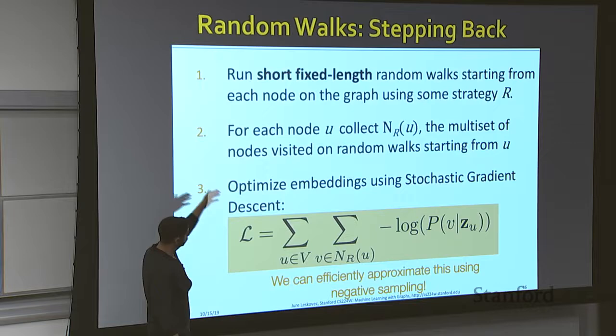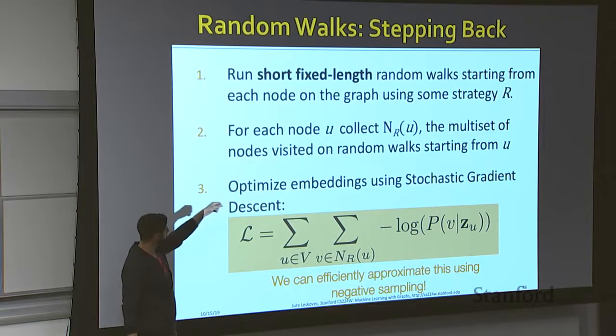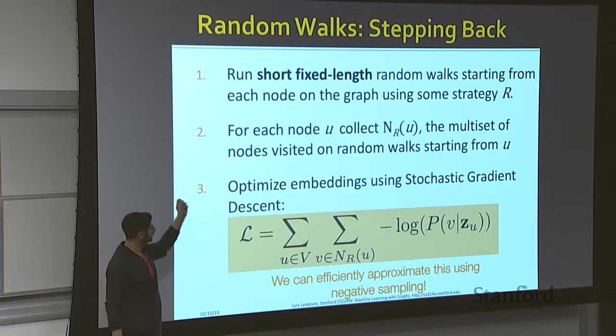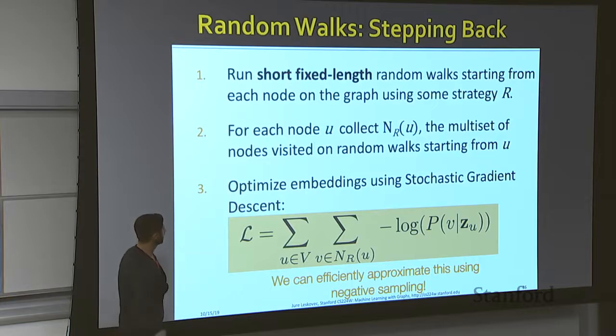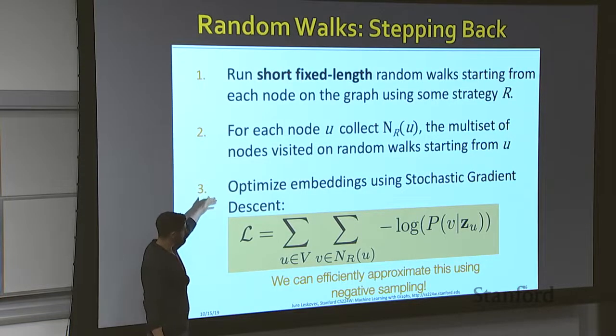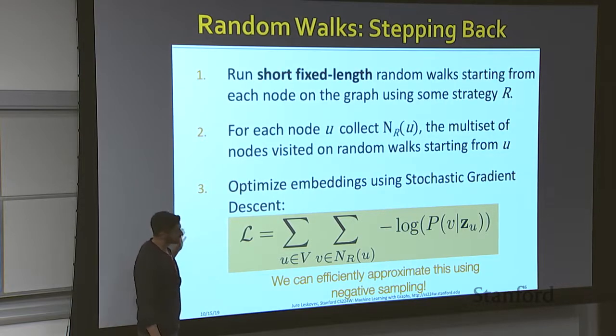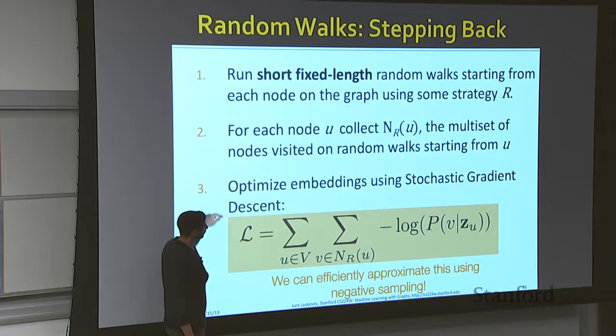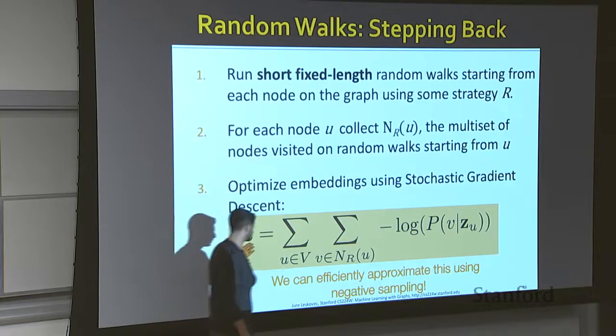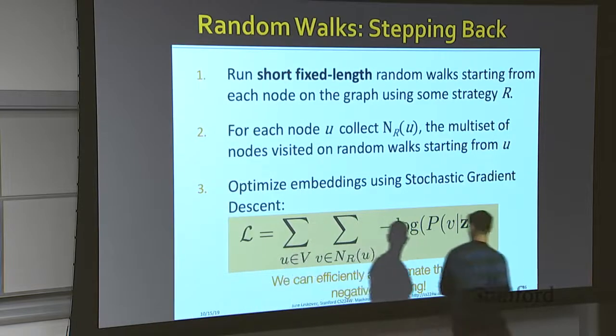Then for each node u, we collect the multiset of the nodes visited in that random walk. And then we optimize our embeddings, given our loss function. Clearly, this is a non-convex function, so we can use the same tools you have been using in all your other machine learning courses and projects. We use stochastic gradient descent to minimize the loss.